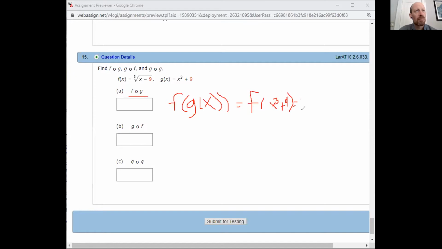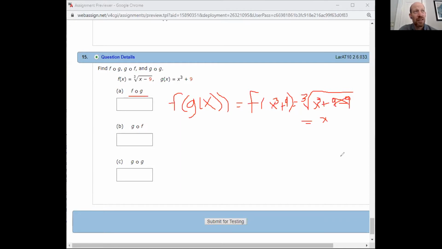Writing here is poor, apologize. And then that value goes in here. So f of x cubed plus 9 is the cube root of x cubed plus 9 minus 9. And the plus 9 and the minus 9 cancel, and the cube root and the cube cancel, and you end up with just x. So that one ends up simplifying.